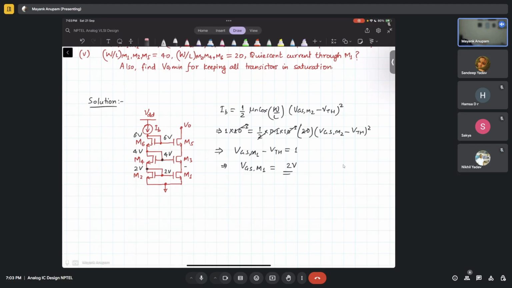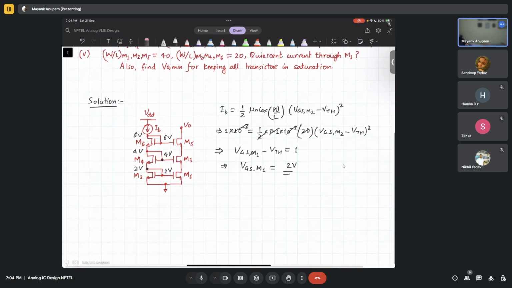So tell me what will be the voltage here? Because of this 2 volts here, and we are neglecting channel modulation, the current through M1 will be what? The same, right? IB, isn't it? 1 milliampere.